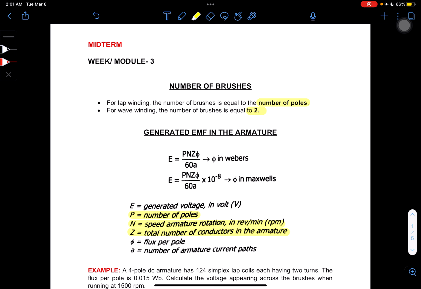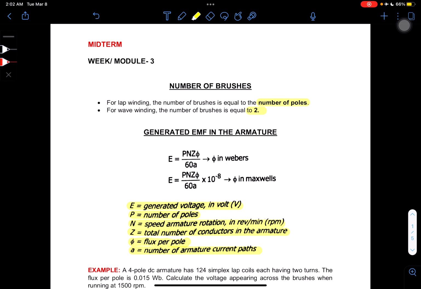And our phi is our flux per pole, divided by 60 multiplied by A, or the number of armature current paths. So in Webers, as given, while in Maxwell, we need to multiply by 10 raised to negative 8. Where E is our generated voltage, and volt is our unit.